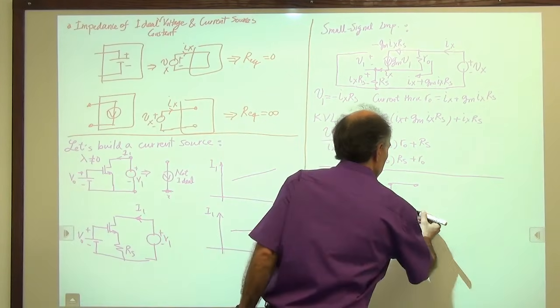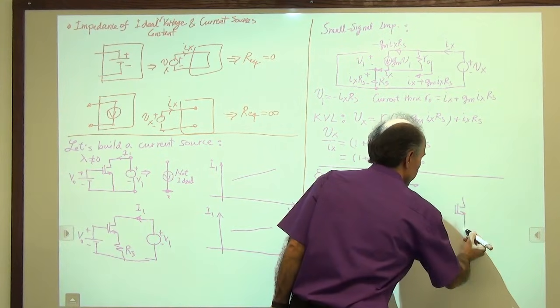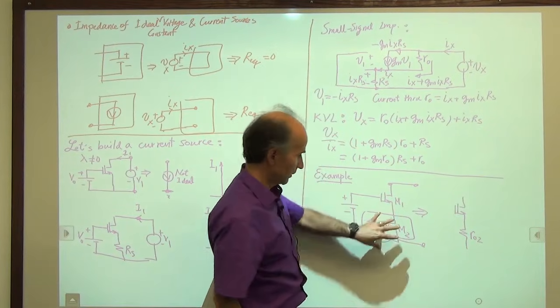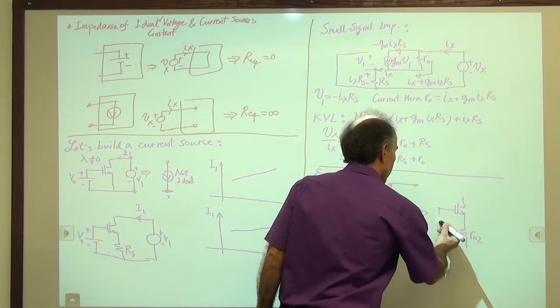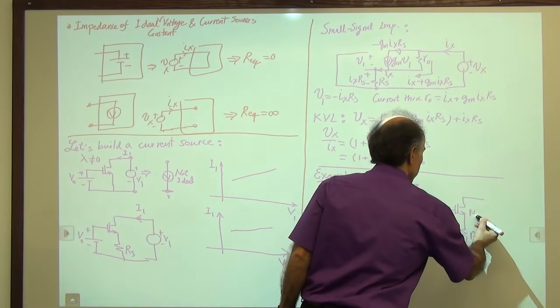So I can quickly draw the circuit like this. I can say this is RO2, representing this entire current source here. And then I still have the rest of the circuit, M1.